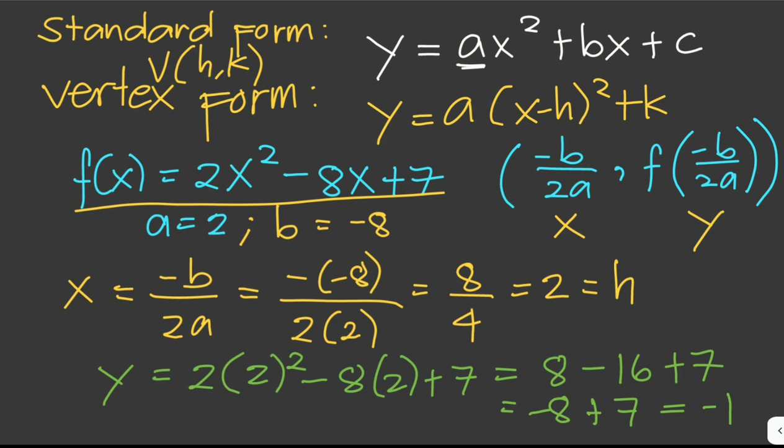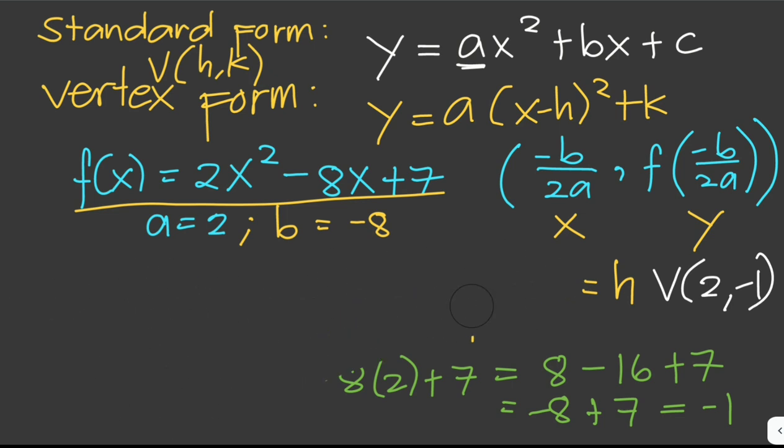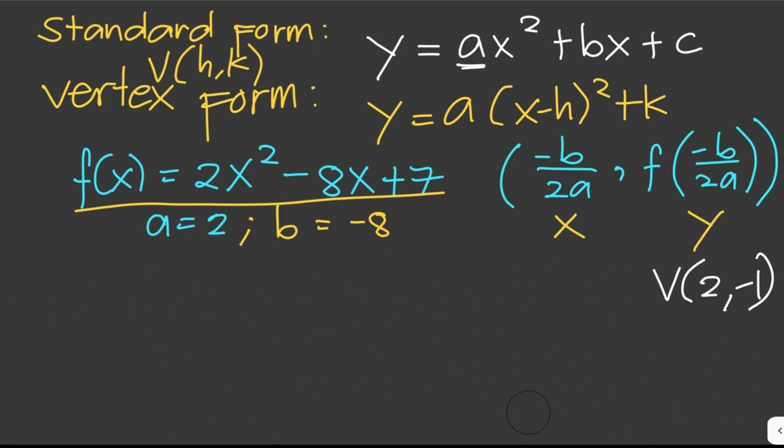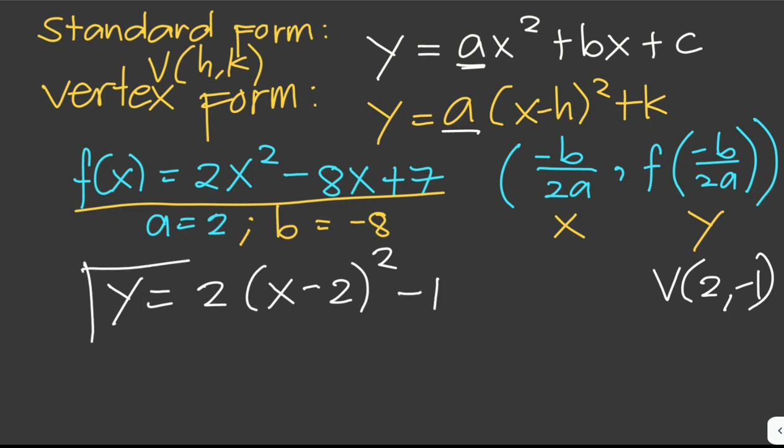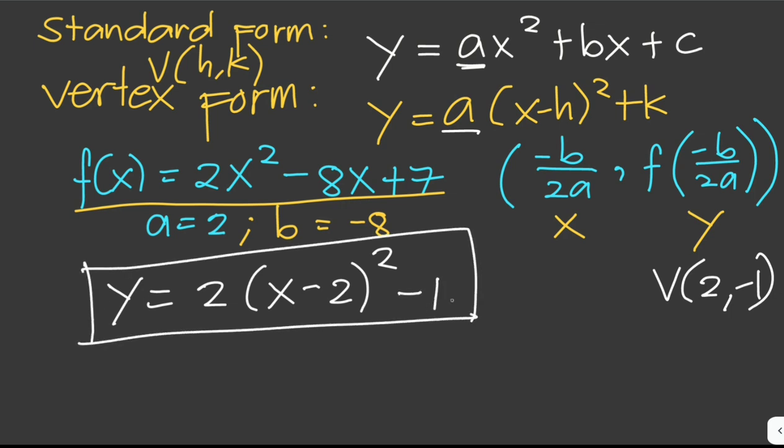So the vertex is 2, negative 1. And now we can write our equation in its vertex form. That would be y equals a, which is 2, times x minus h, which is positive 2, squared, plus k, which is negative 1. So this is our equation in its vertex form.